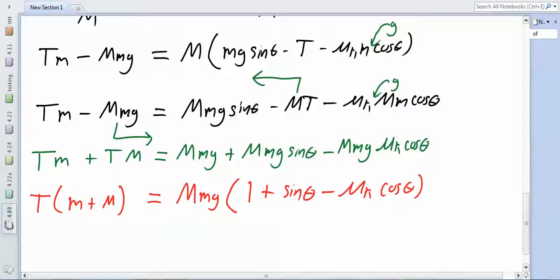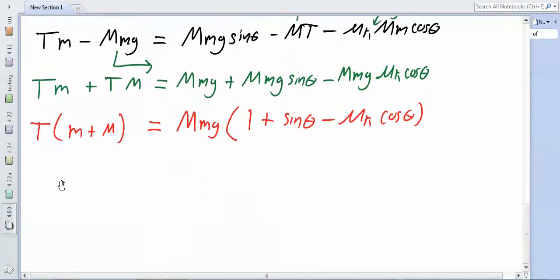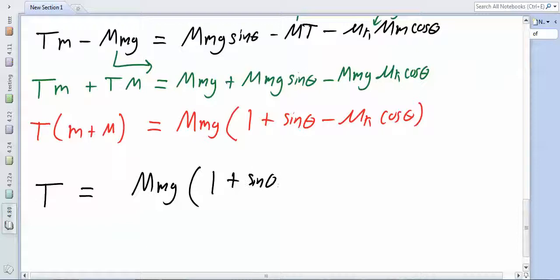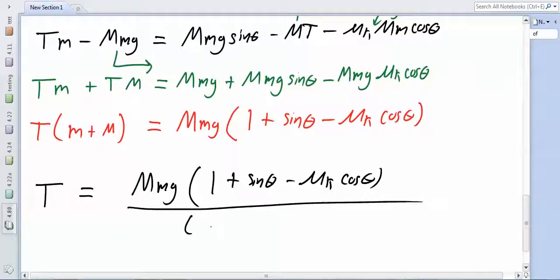And then I can do one last step and divide both sides by the bracket that's on the left. So I have big M little m g times the quantity 1 plus sine of theta minus mu k times the cosine of theta, and all that is divided by little m plus big M.